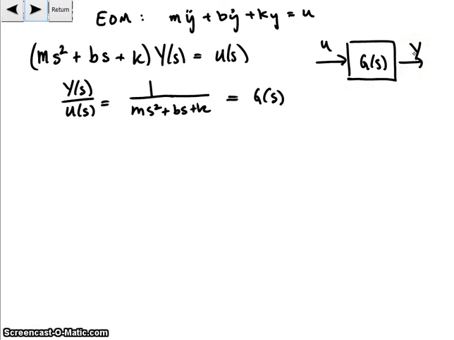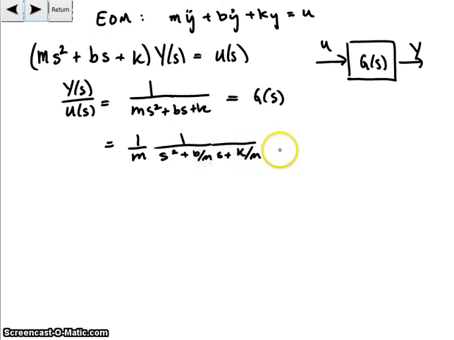Now, let's talk about frequency response. To do that, I'm going to define some standard parameters, and write this in a normalized form. So I'll take out a 1 over m here: s squared plus b over m s plus k over m.